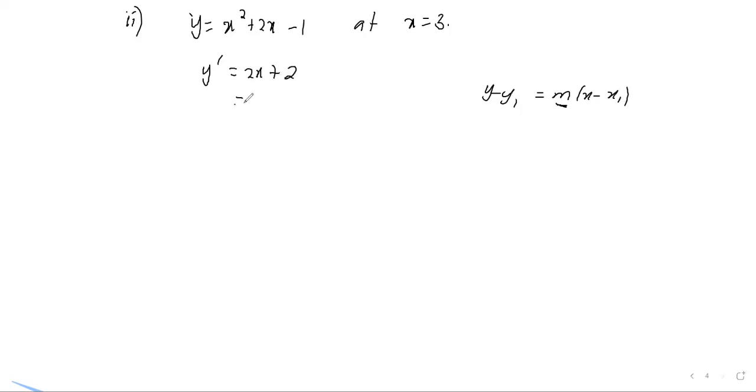Where there is x, you substitute the x value given. So we get 8, which means m is equal to 8.